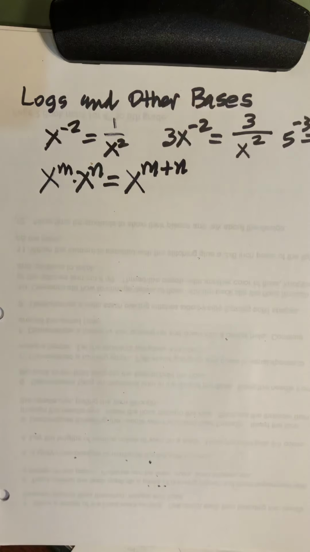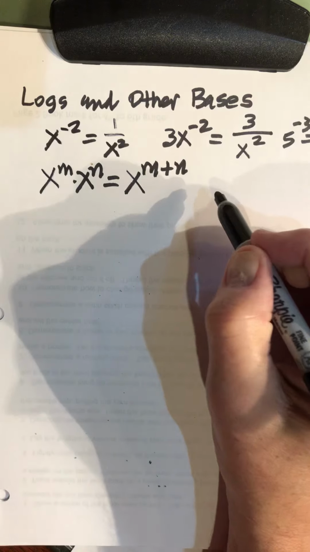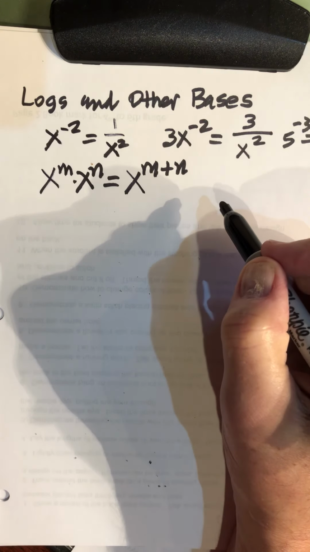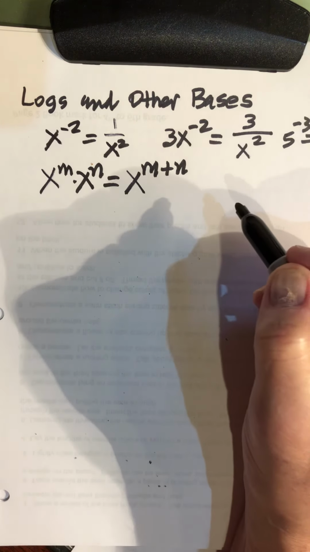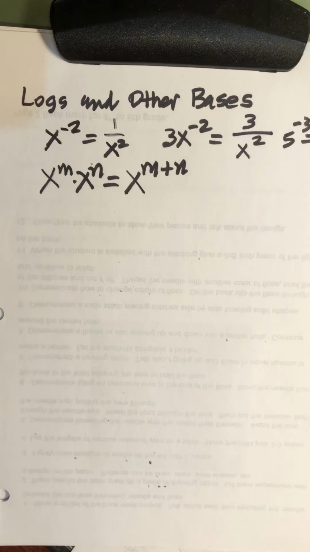And remember, logarithms follow the principles of exponents. Logs are exponents. So that's why we have log xy equals log x plus log y, and log x over y equals log x minus log y.